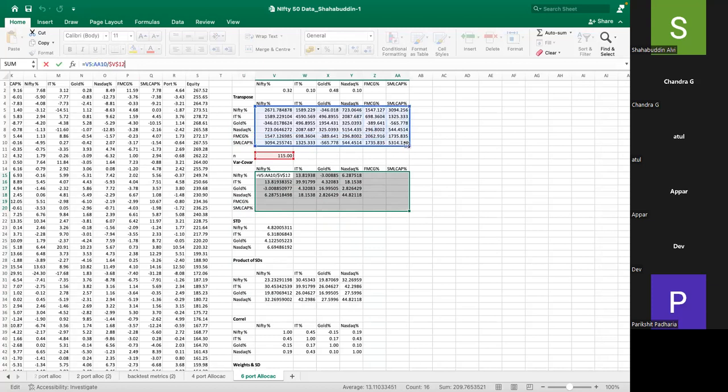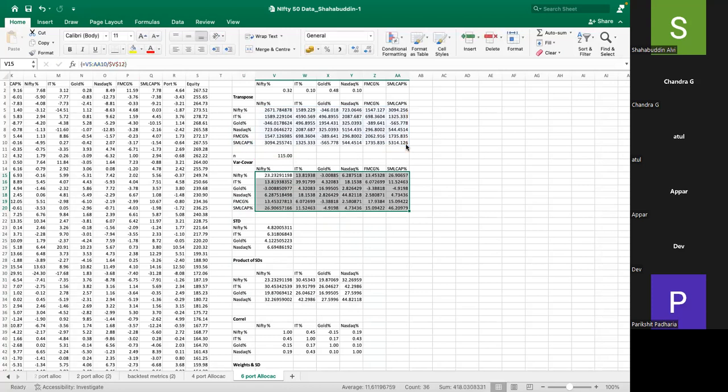That is not V5, it is divided by V12. Control Shift Enter. The same thing for STD.